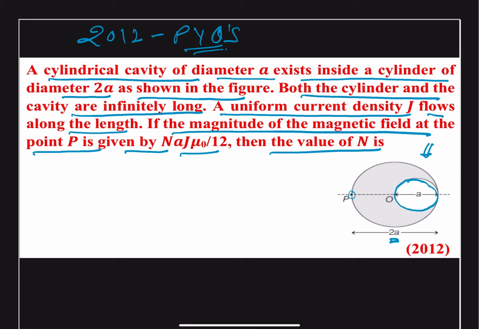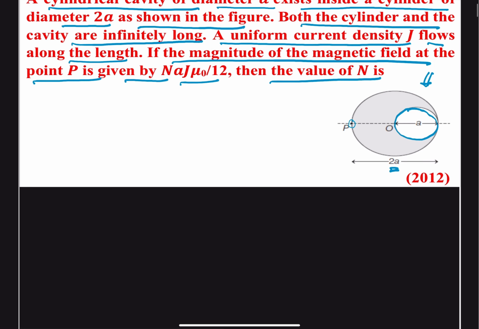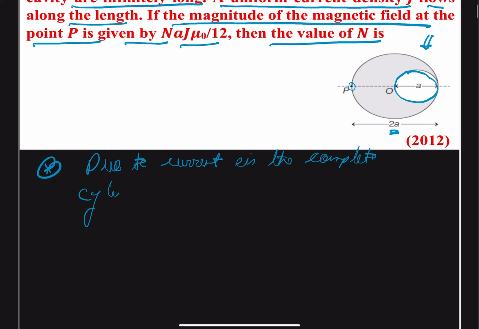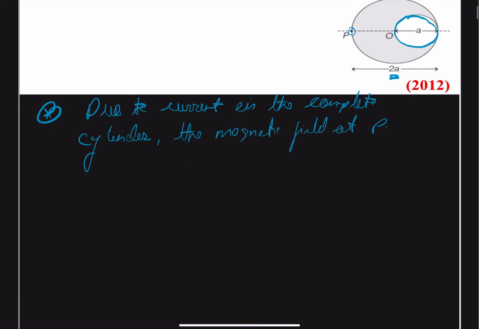So we start from the complete magnetic field of a complete cylinder, and for that, due to current in the complete cylinder, the magnetic field at P, let us suppose we write that B1.